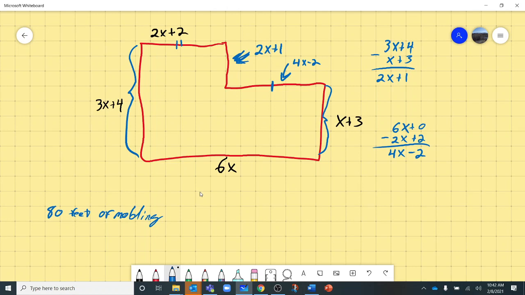So if we add this all up, keeping everything in standard form: 6x plus x plus 3 plus 4x minus 2 plus 2x plus 1 plus 2x plus 2 plus 3x plus 4. Okay, and that's a little intimidating, and I get that, and we'll have some that are probably more intimidating.